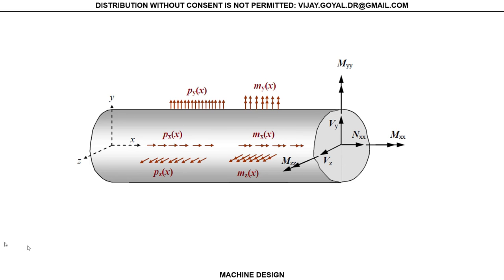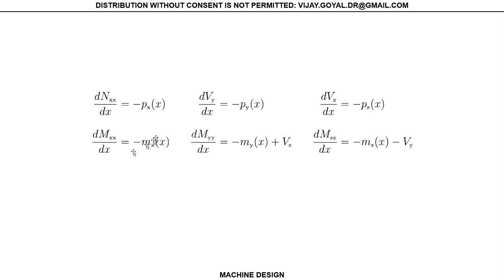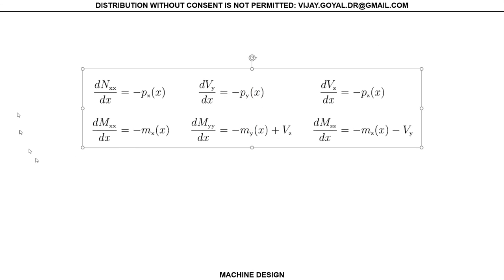So how do you even deal with that? Well, in that particular case, your equations actually come from something more general, and this is what they're going to look like. You're more than welcome to pause the video and take notes of these equations.